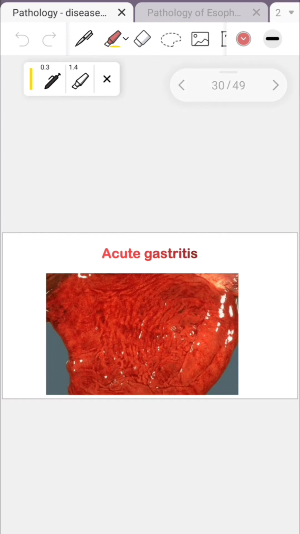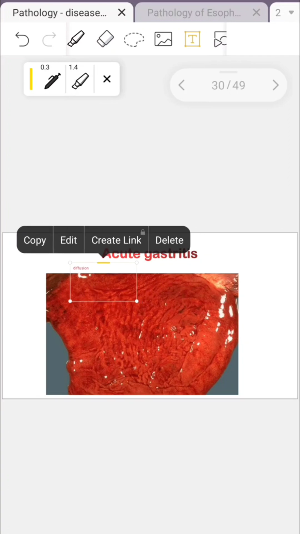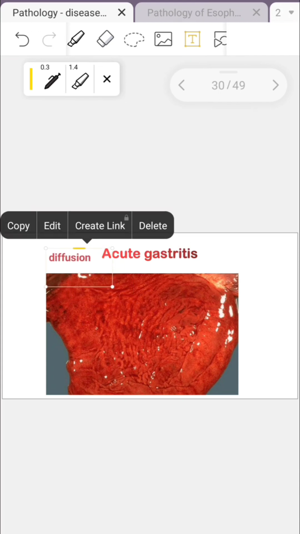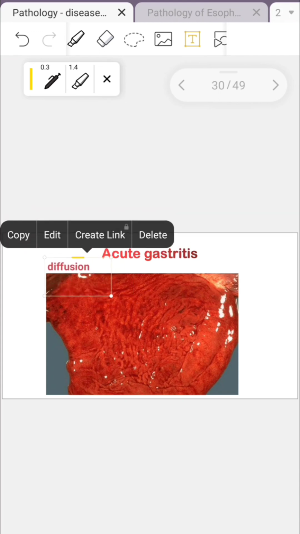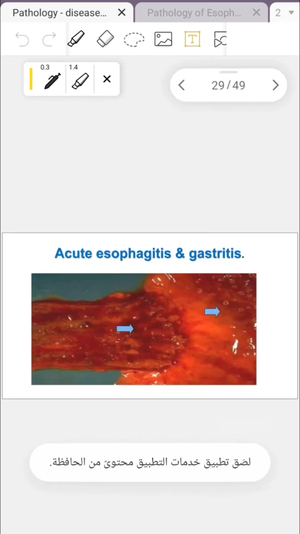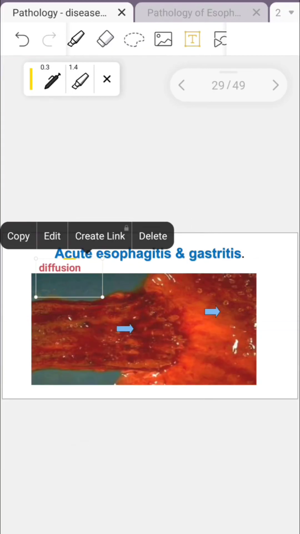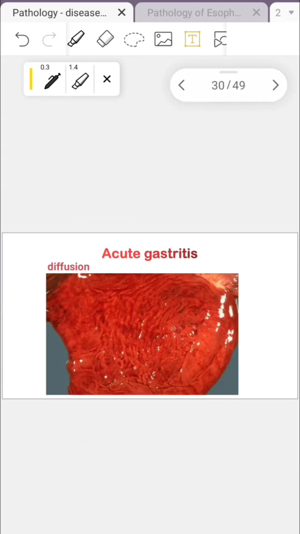All the mucosa is involved by hyperemia and pinpoint spotty hemorrhages or foci of bleeding. بعد bleeding شلون صاير؟ Pinpoint small petechial hemorrhages. زين؟ Diffused erosive gastritis أو diffused erosive hemorrhagic gastritis. هذا typical description. شو نسميه؟ Diffuse erosive hemorrhagic gastritis.